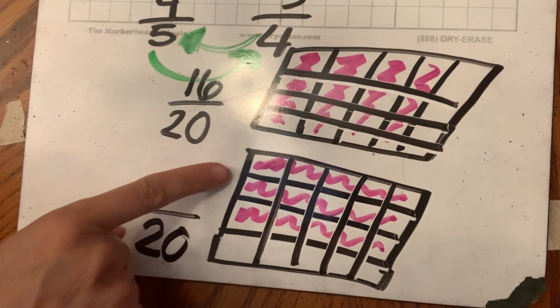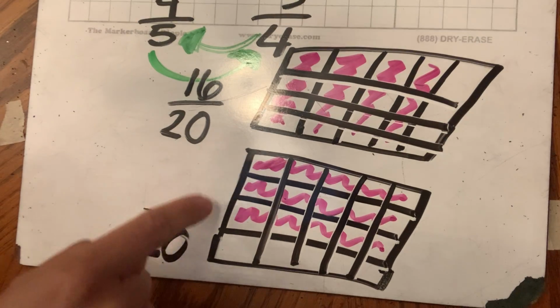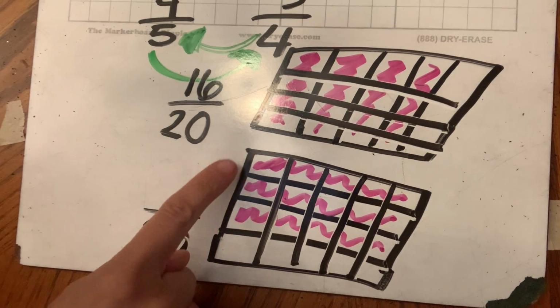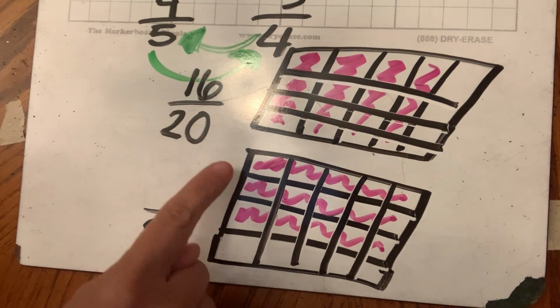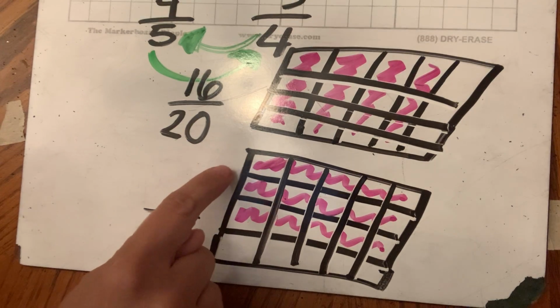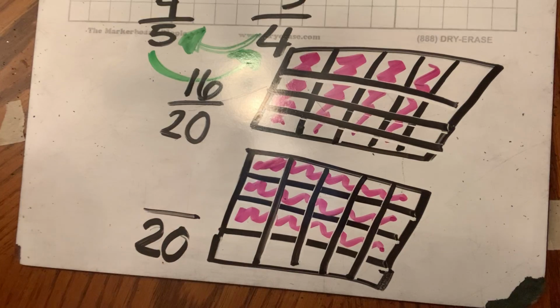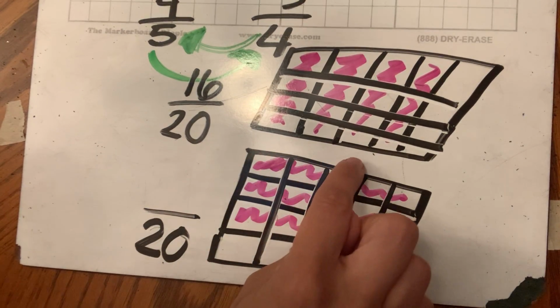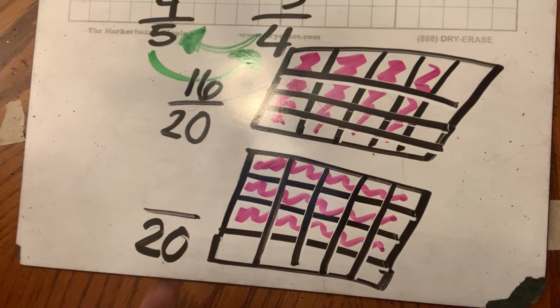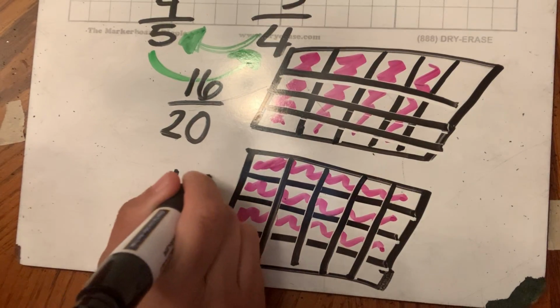Let's see. 1, 2, 3 are up and down. 3 rows are shaded. And left to right, 1, 2, 3, 4, 5. What's 3 times 5? 15, right?